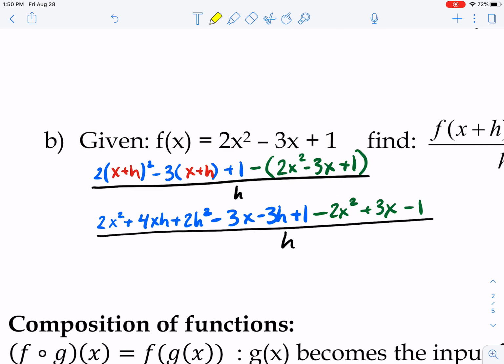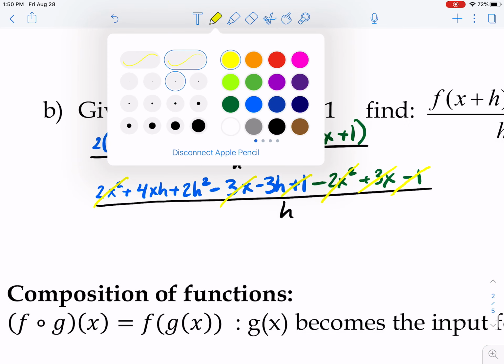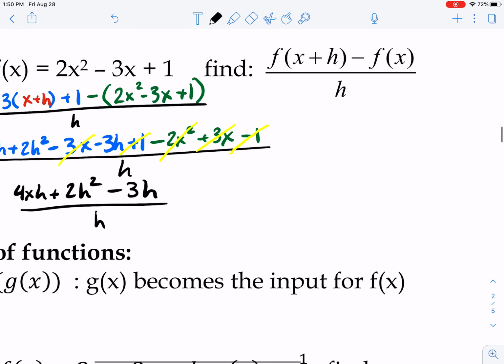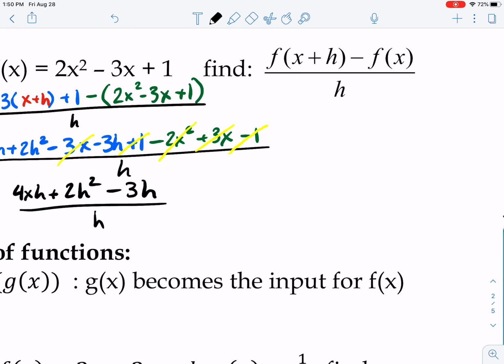Okay, and then the next thing, notice everybody in green cancels with somebody in blue. What that gives me is now 4xh plus 2h squared minus 3h, all over h. Well, what we notice too is everybody has an h, or you could think of this as I can factor out that h.